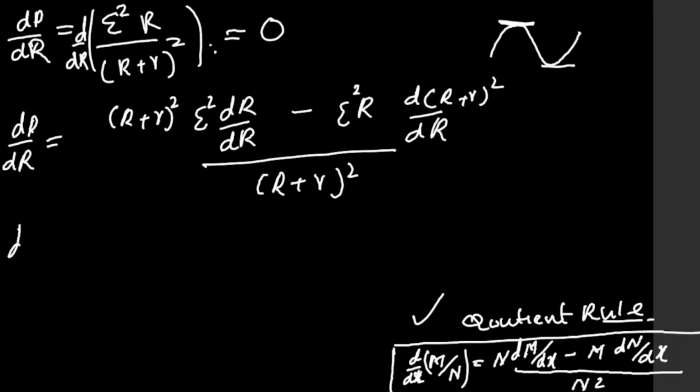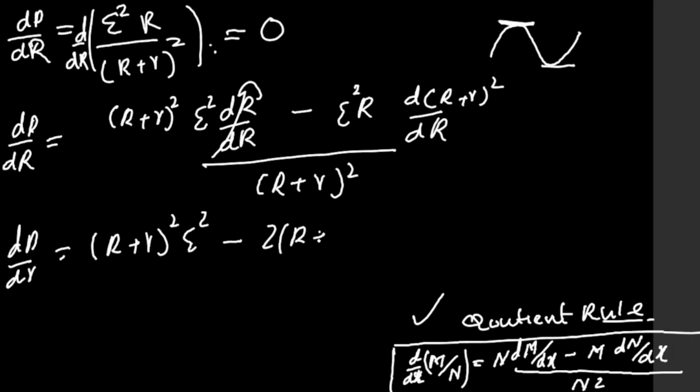Okay, now this will be equal to, this will go to 1, and this will be (R plus r) whole square, and this is EMF square, minus, and this will also be 2 into (R plus r).